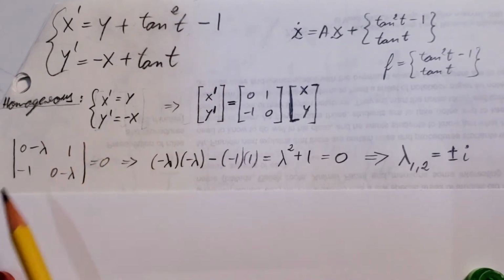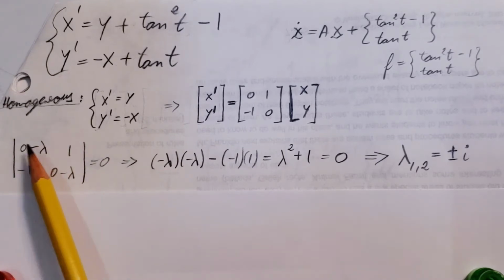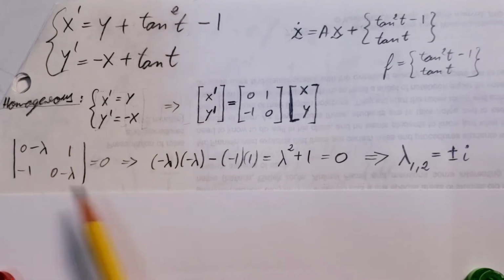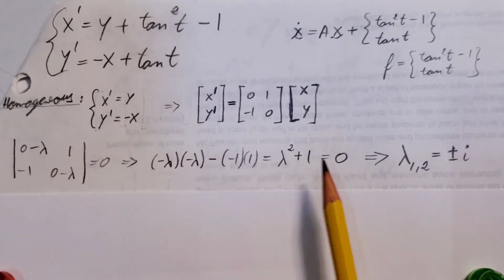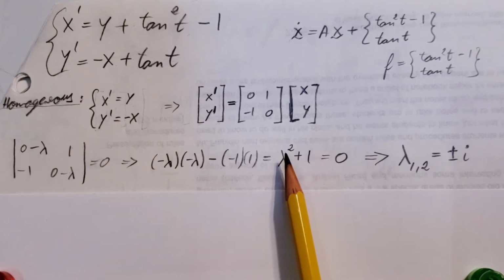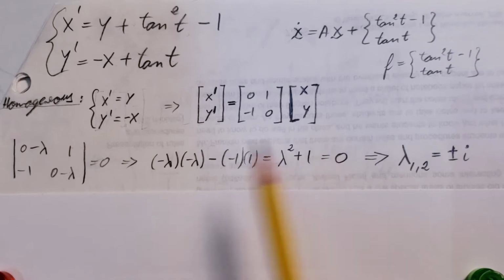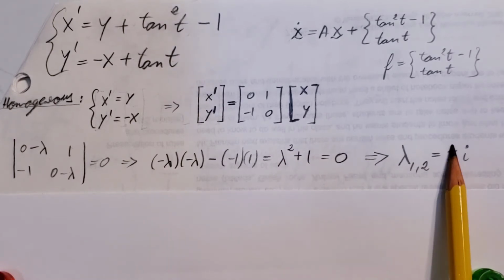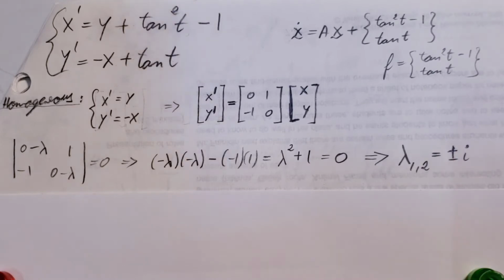This is a determinant, so we're gonna find it by this times this minus this times this. That's what we can see right here, equals 0. And we're able to determine that lambda squared plus 1 equals 0. Two roots from this, lambda 1 and 2 is plus and minus i, complex conjugate roots.